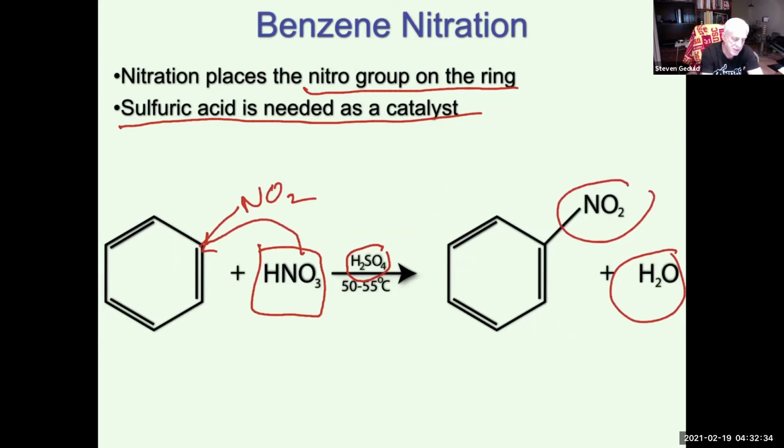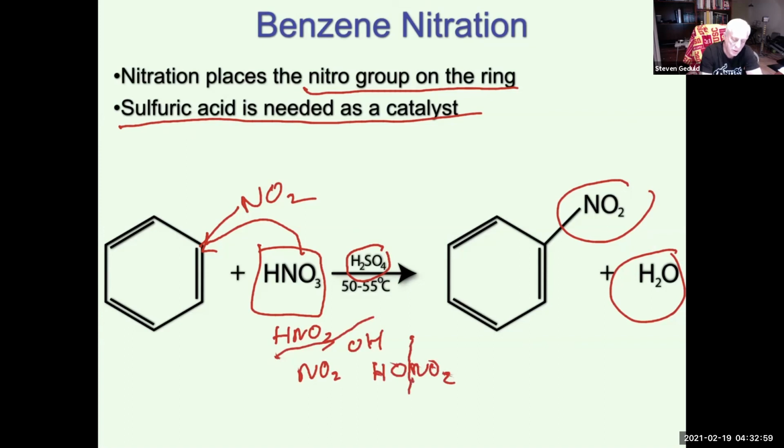Because you got to remember, we got to account for all the elements when we balance it out. So HNO3, if you do NO2 attachment, this is your nitro attachment, you still have an OH left over, right? Sometimes you'll write this as HONO2 instead of HNO3. We'll write it that way because this is going to split right here.